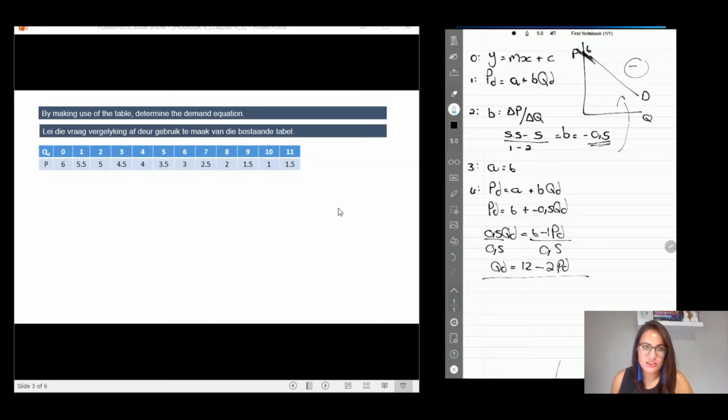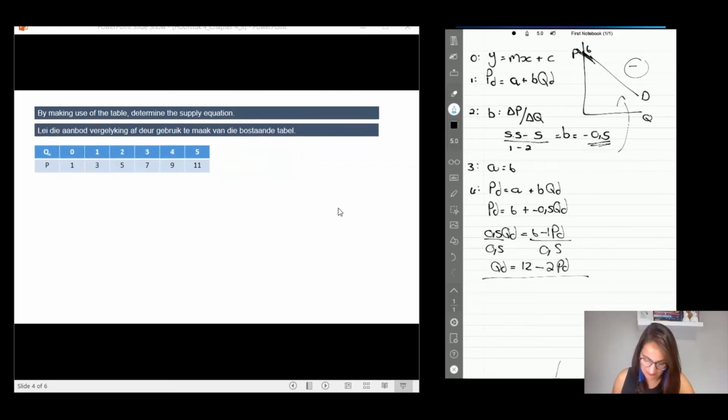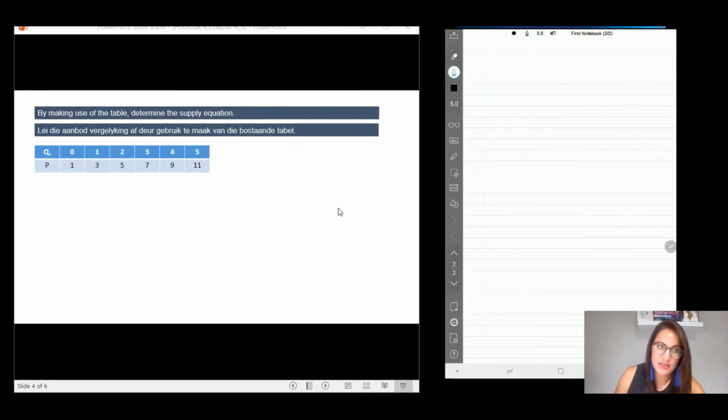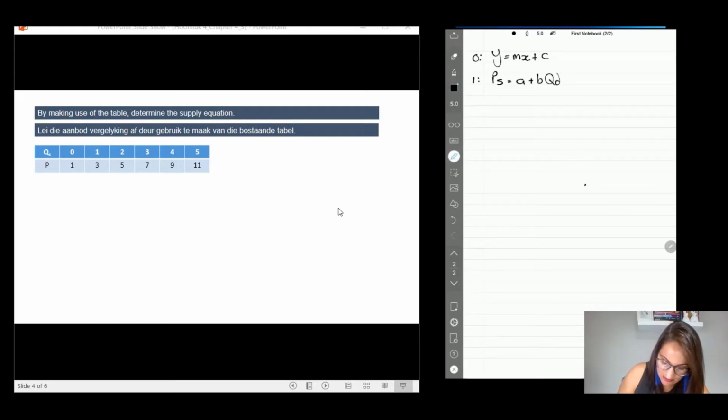Let's have a look at the supply. So your supply, you start off again with y equals mx plus c, where your first step is PS equals your intercept plus B QS, because we are working with the supply curve.